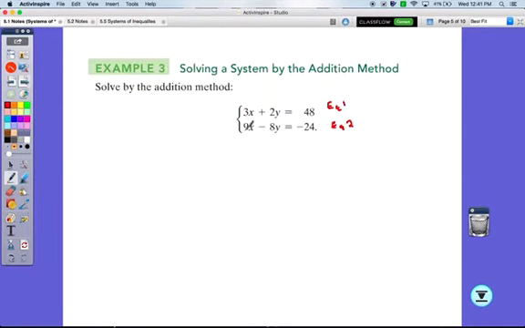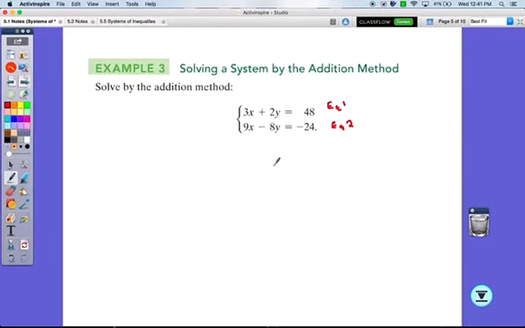So 3x plus 9x, that's 12x, that's not going away. 2y minus 8y, that's going to give me negative 6y, that's not going away. So I want to multiply either one or both equations by a number so that those go away. Either one.